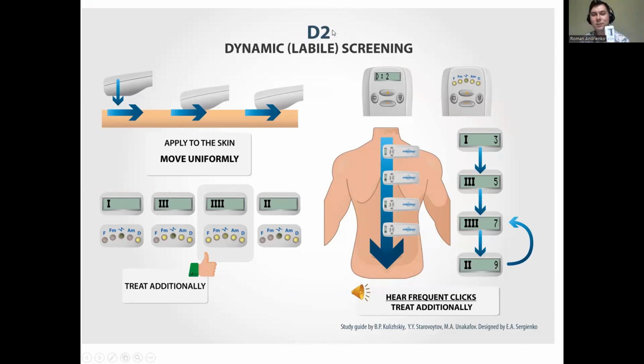So in your small devices, if you want D4, there's D2, but it has the same principle of operation. But instead of colored horizontal bars, we see vertical symbols here.